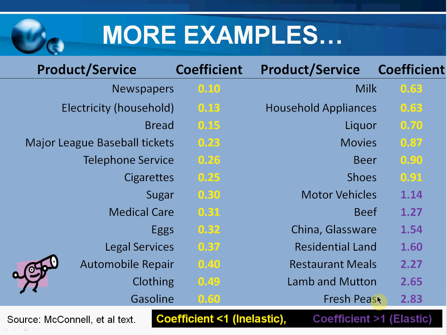However, we know as a producer that if we increase the price of fresh peas by 10%, there will be a 28.3% reduction in sales, just by moving the decimal one point. Whereas here, with eggs, we can raise the price of eggs by 10% and only have a 3.2% reduction in sales. This helps us when we are going about our profit maximizing behavior as producers and business owners.